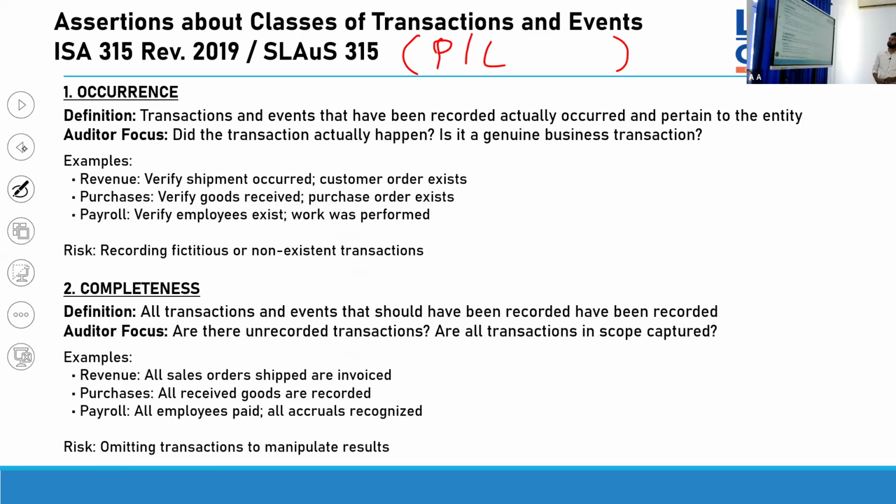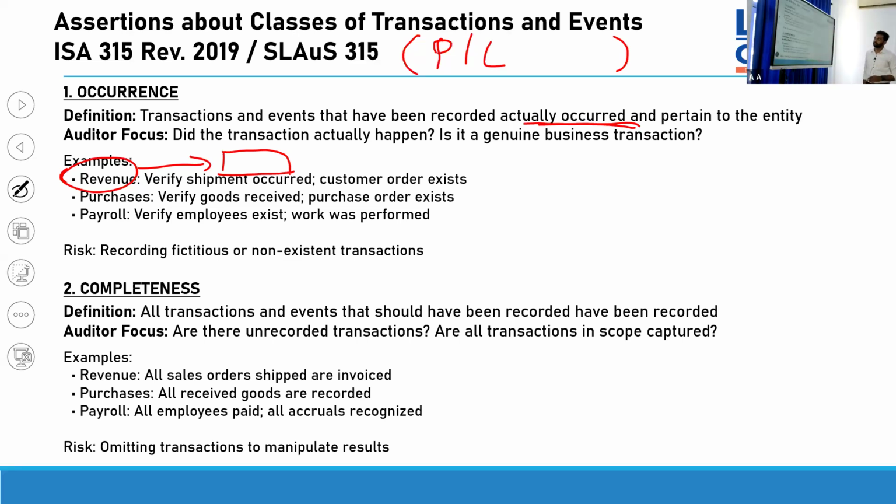One is occurrence. Occurrence in the sense that transactions and events that have been recorded actually occurred. Let's say you have recorded the revenue in your P&L, which means you are saying those revenue figures come from actually occurred transactions.